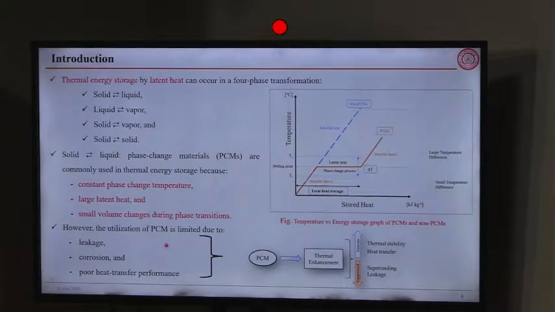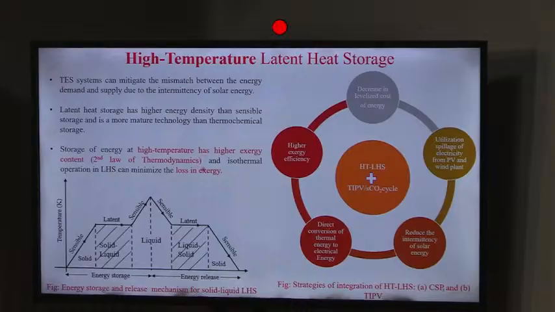This wax has a very good specific heat. It has a very high heat storage capacity. The one advantage of this wax is, you don't have to only store the energy, you also have to discharge it.